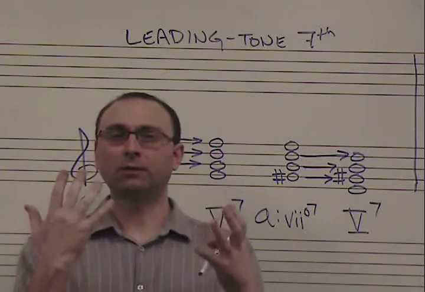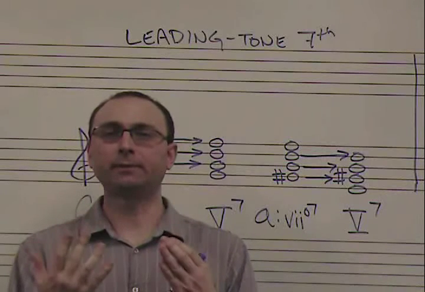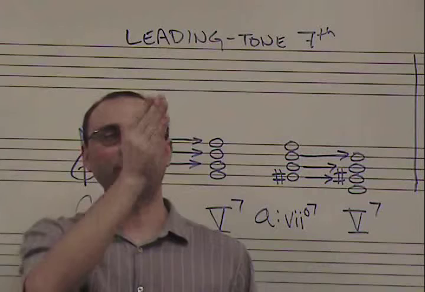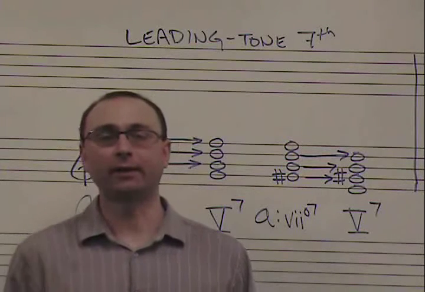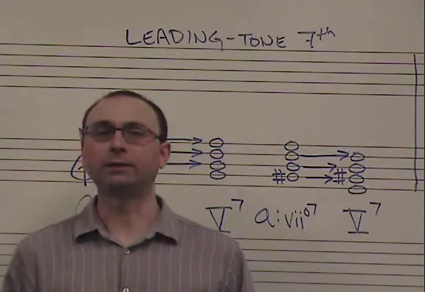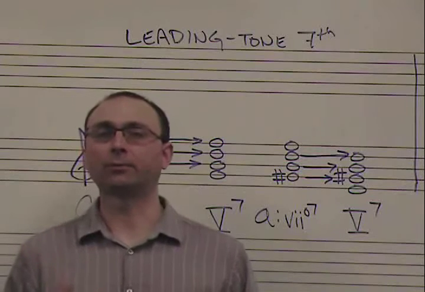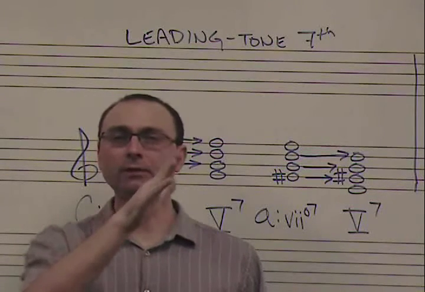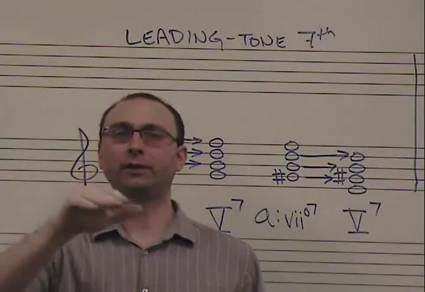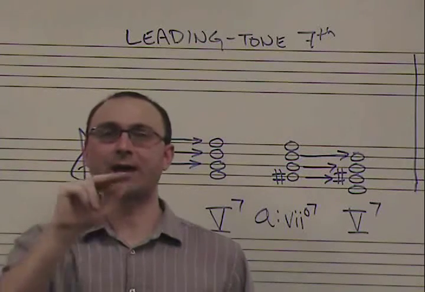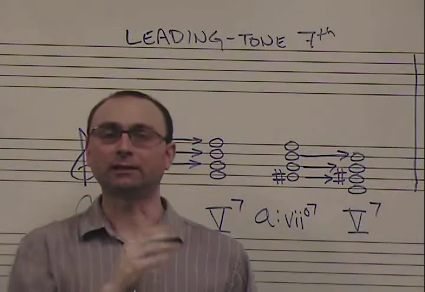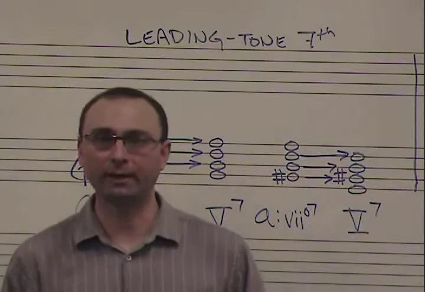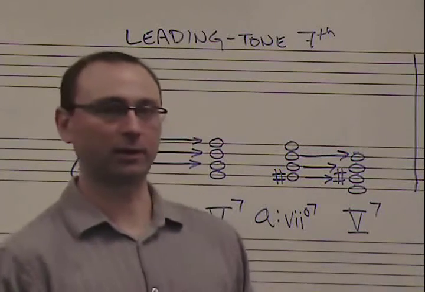But because the leading tone chord and the dominant chord are so similar, we consider movement from the leading tone chord to the tonic to be like a circle progression, but not enough like a circle progression to really call it a circle progression. So you're going to see how we use slurs to indicate circle progressions versus dashed lines to indicate leading tone tonic relationships. And that'll be more clear once we have examples to look at.